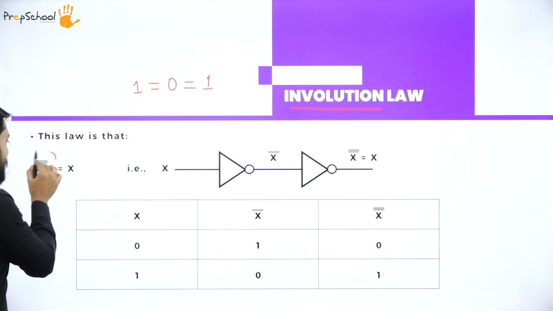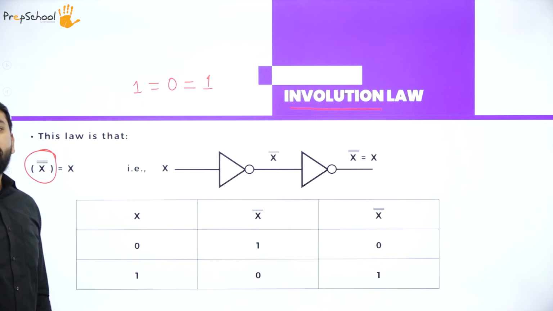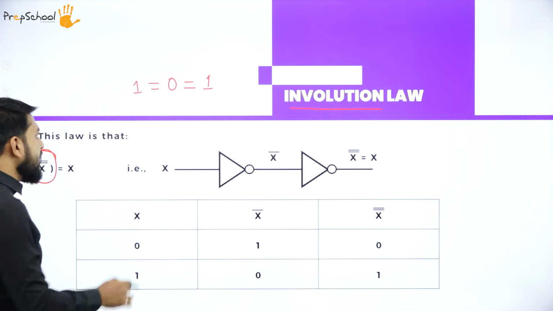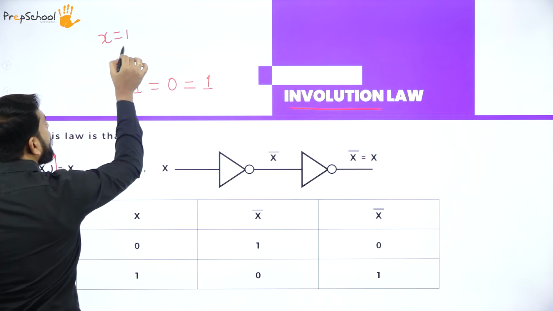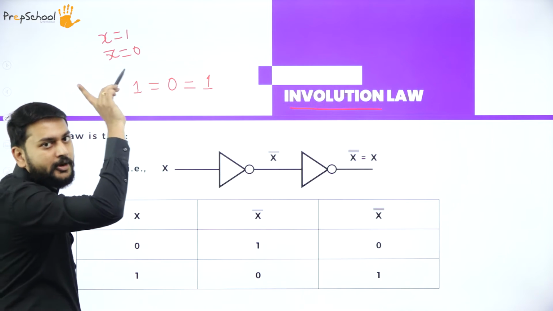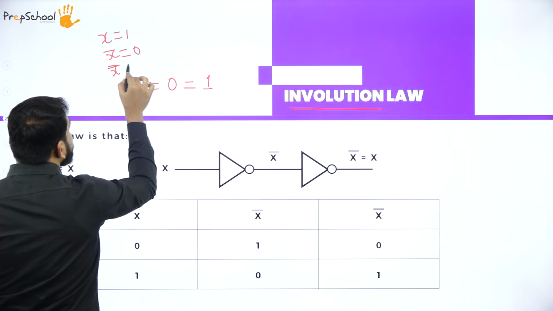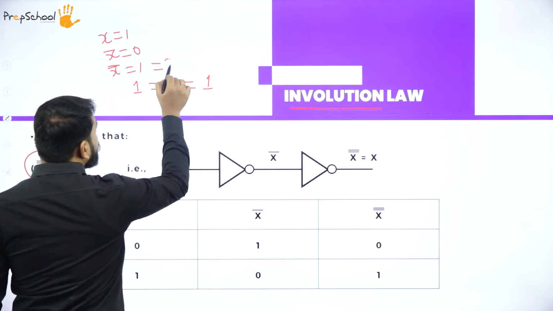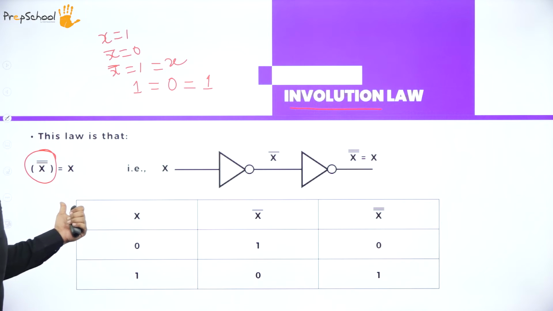That's what they are trying to say: the double complement of x is equal to x. Right now my x value is 1. If I complement it, my x value will become 0. That is the first complement. If I complement it again, that is what I call a double complement. It will give me 1. So this is equal to x, is what they are trying to tell you.